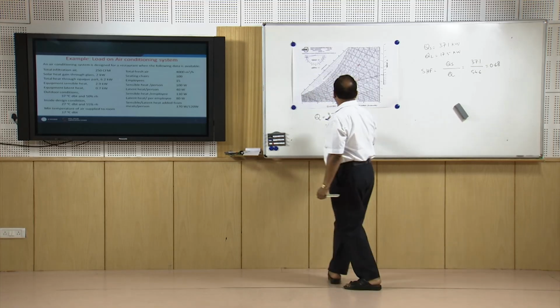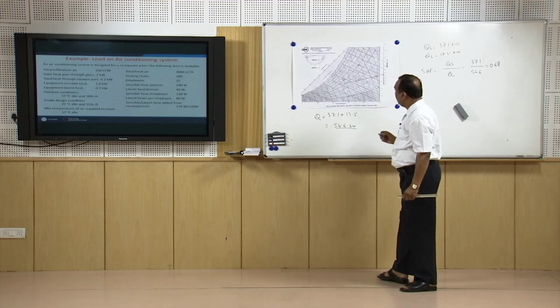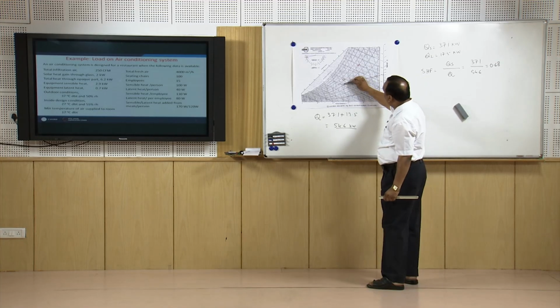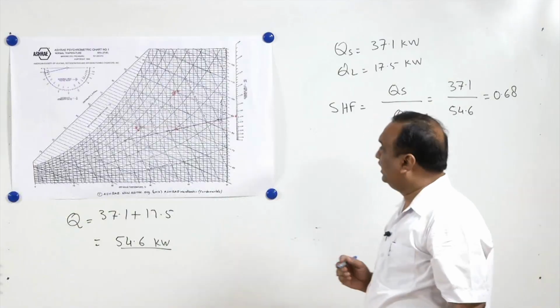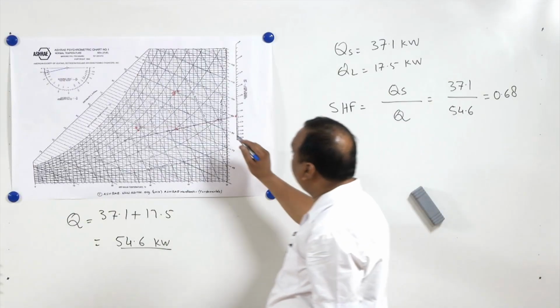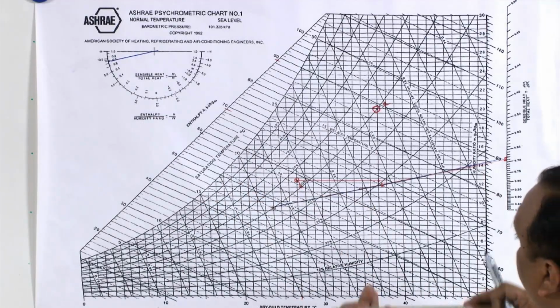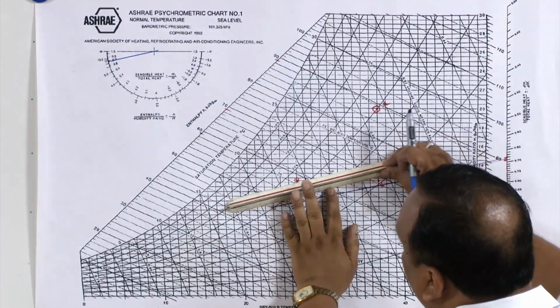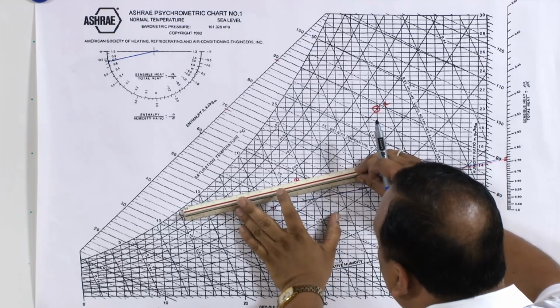Now the room condition is this. A line parallel to this line passing through this point will give the sensible heat factor line passing through the room condition. So we will draw a line parallel to this line passing through the inside room condition.